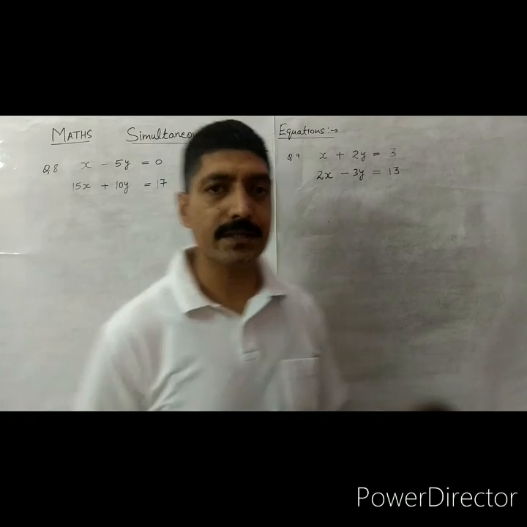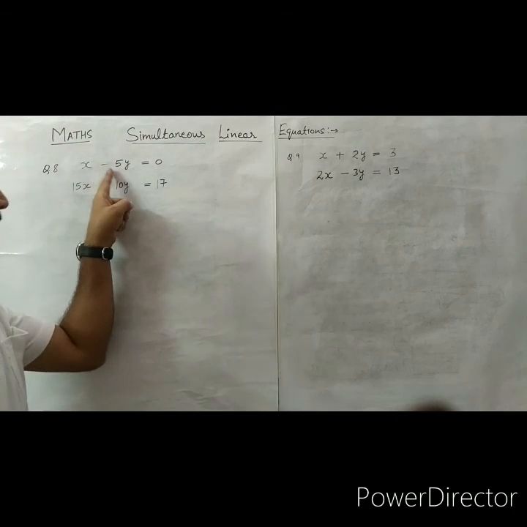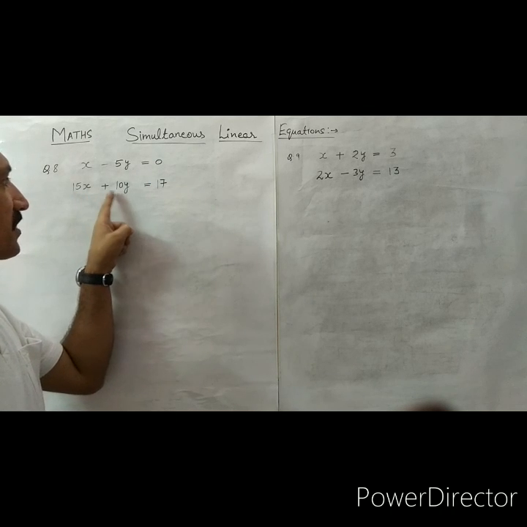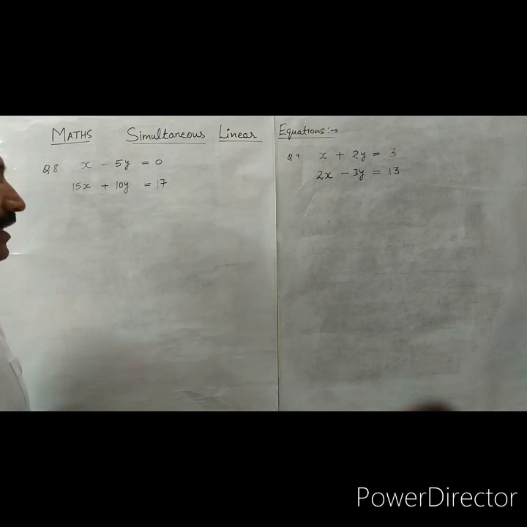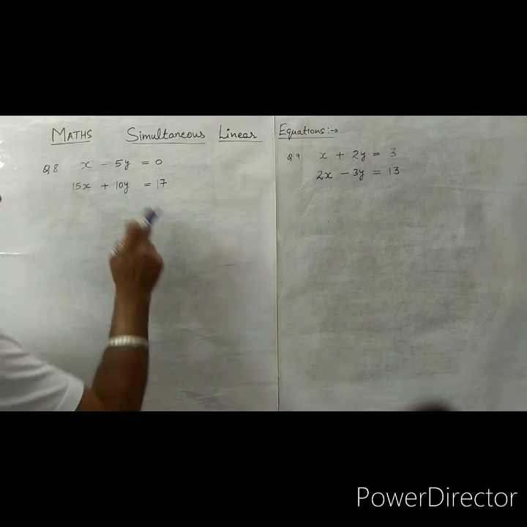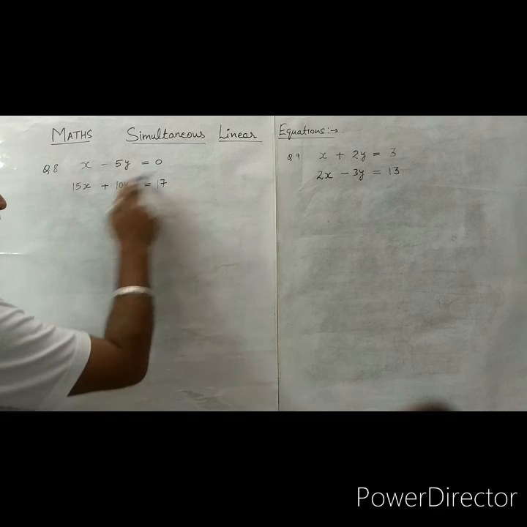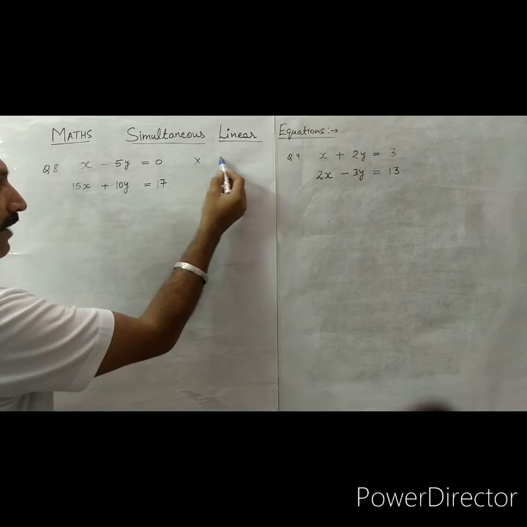Question number 8. x minus 5y is equal to 0 and 15x plus 10y is equal to 17. So here we can eliminate y. We can multiply equation 1 by 5.